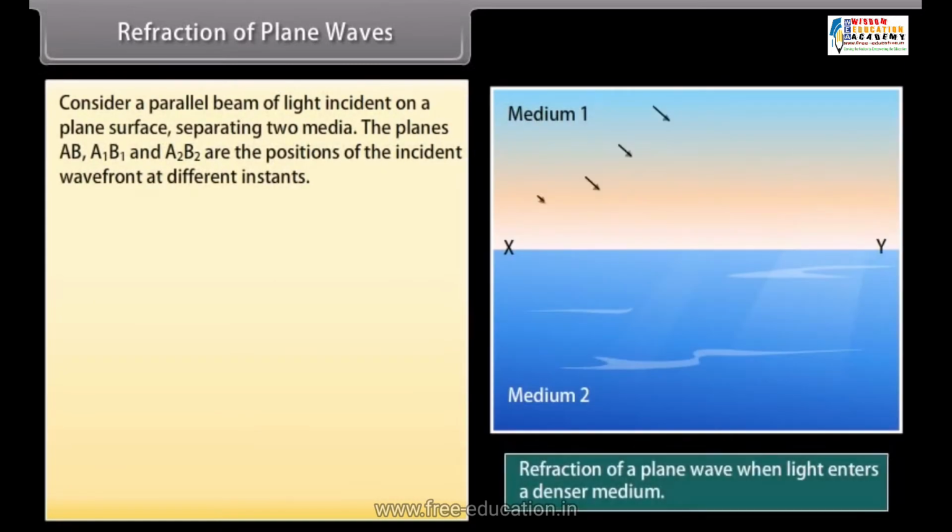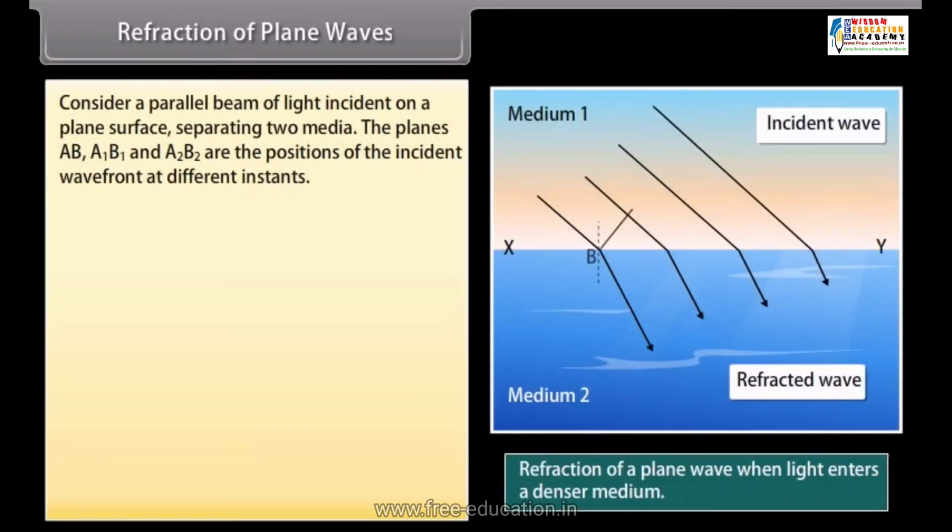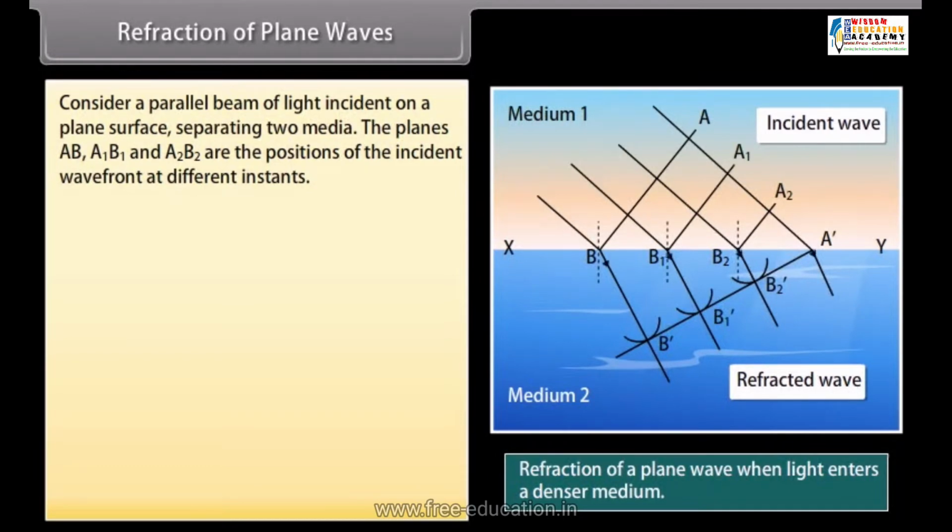Refraction of plane waves. Consider a parallel beam of light incident on a plane surface separating two media. The planes AB, A1-B1 and A2-B2 are the positions of the incident wavefront at different instants.